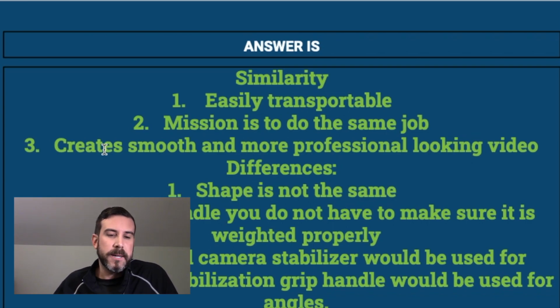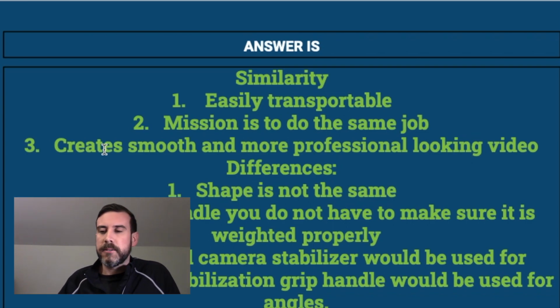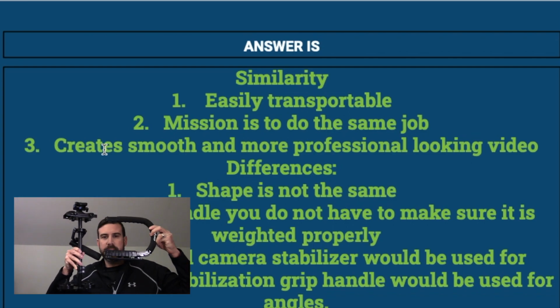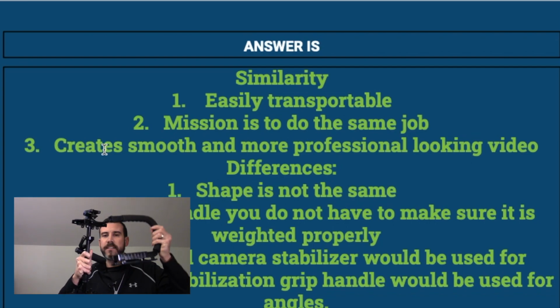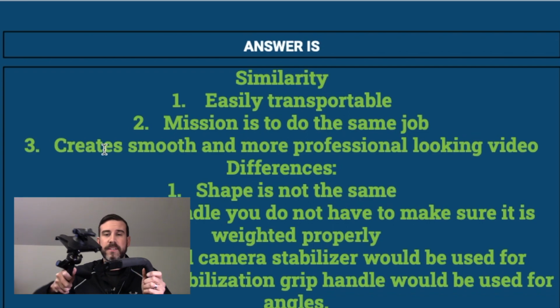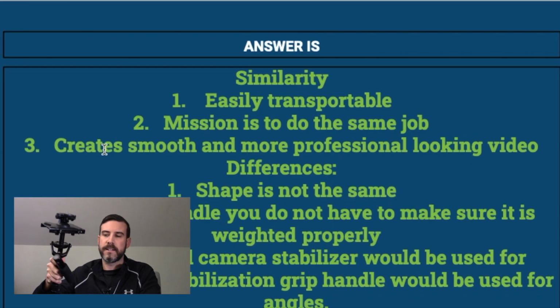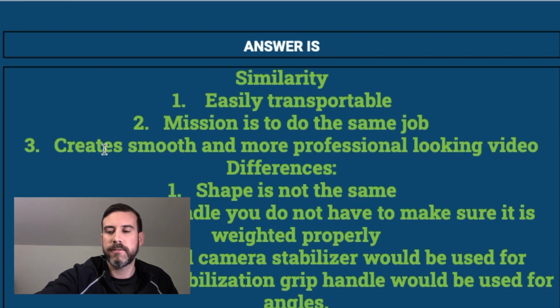So how about some of the differences? The differences I found is these two shapes, this shape and this shape, are definitely not the same. This one you cannot hold the way you hold this one. This one does not have weights like this one does below. This one does not have a plate. In this one, you would need a mount for an iPhone.